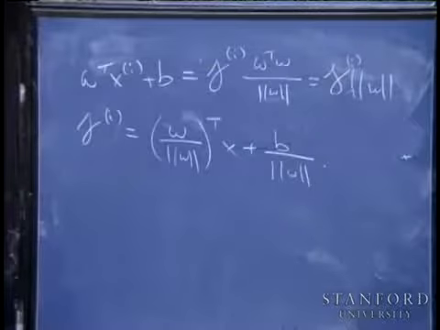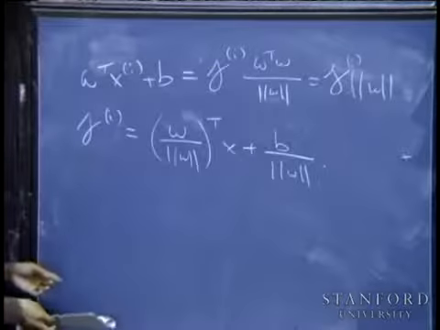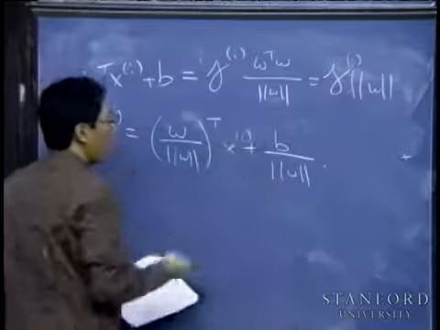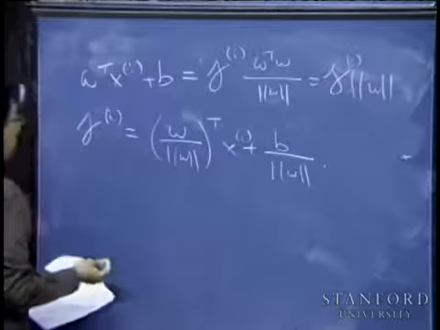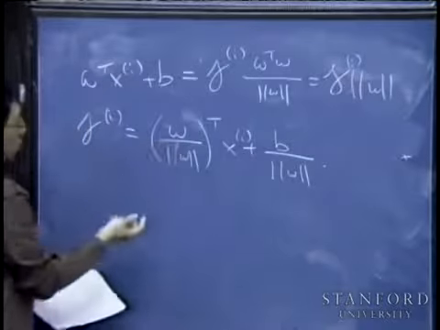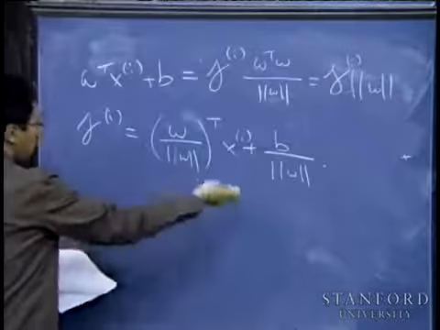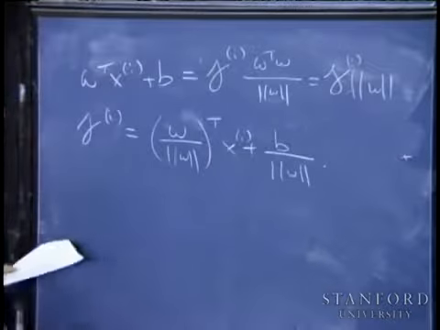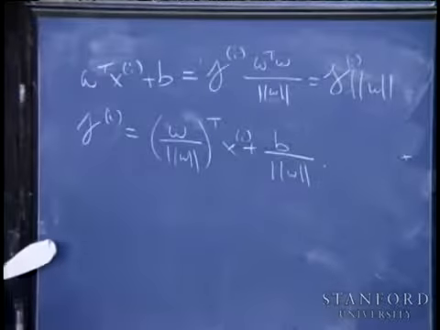In other words, this little calculation just showed us that if you have a training example x^(i), then the distance between x^(i) and the separating hyperplane defined by the parameters w and b can be computed via this formula.